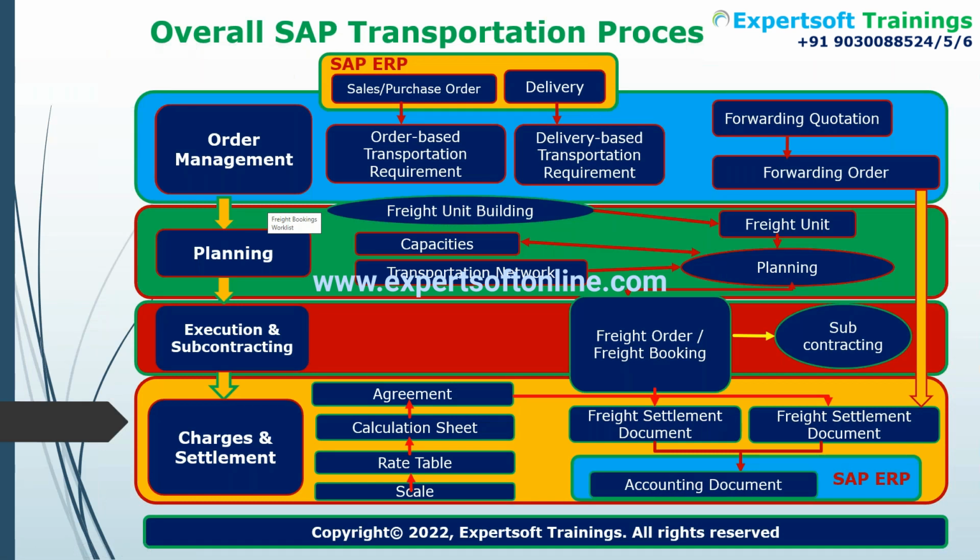Sorry about that. Now, if you look at it, when we look into order management, planning, execution, and subcontracting, charges and settlement, these are the four areas which I was just talking about. On the right hand side, we have the sales order, the purchase order, and the delivery documents.